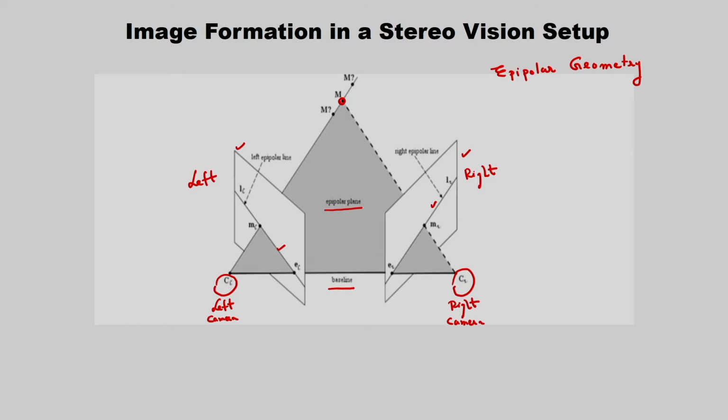So I have two epipoles, the right epipole and the left epipole. Epipole means the intersection of the image plane with the baseline. So I have two epipoles, one is the left epipole and another one is the right epipole.